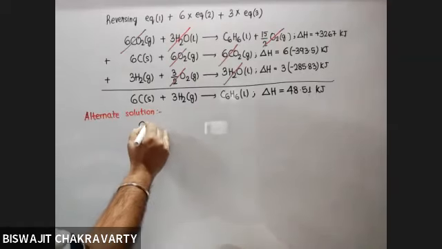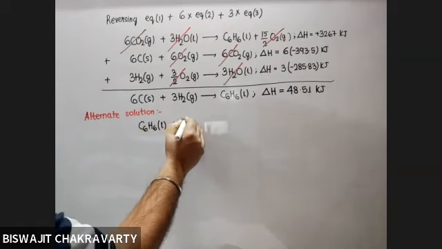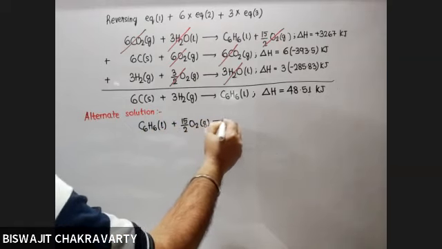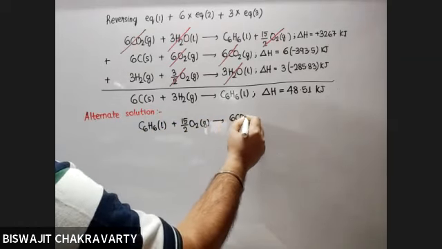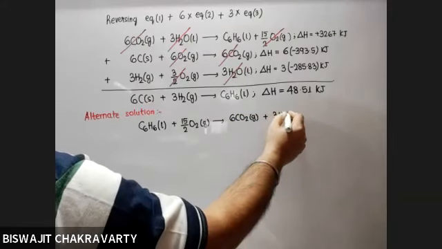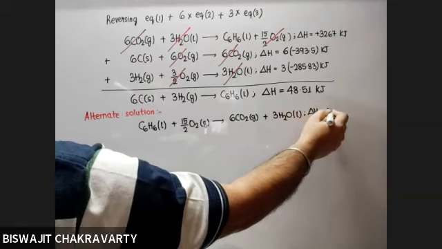So benzene C6H6 liquid plus 15 by 2 O2 gas gives 6 CO2 gas plus 3 H2O liquid. And you need to calculate delta H for this.